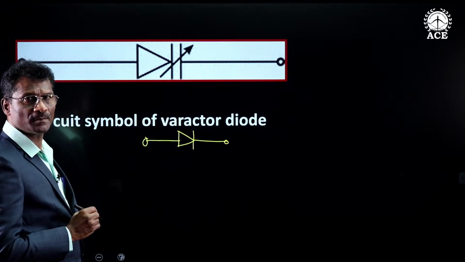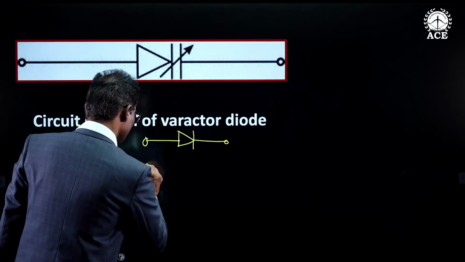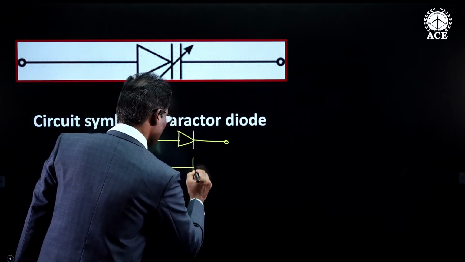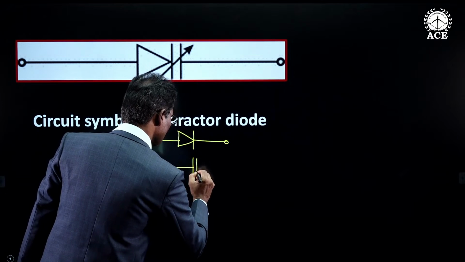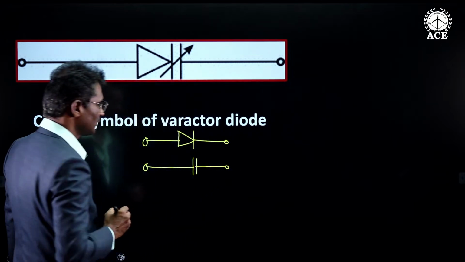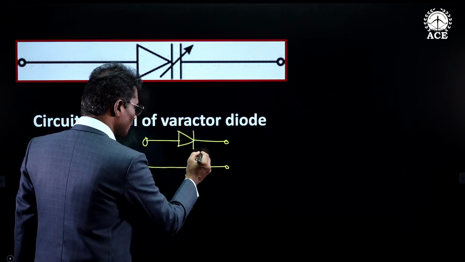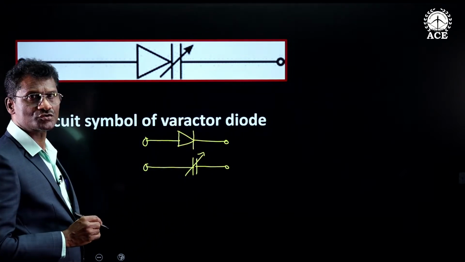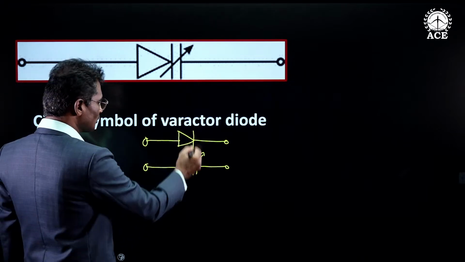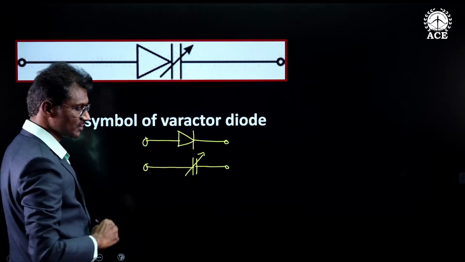This is the circuit symbol of a PN diode. And this is the circuit symbol of a capacitance. As we know, this arrow shows variable. If we merge these two circuit symbols, we get this.